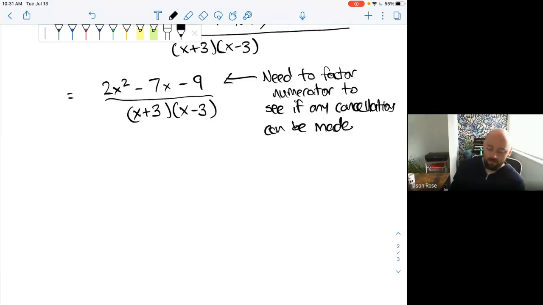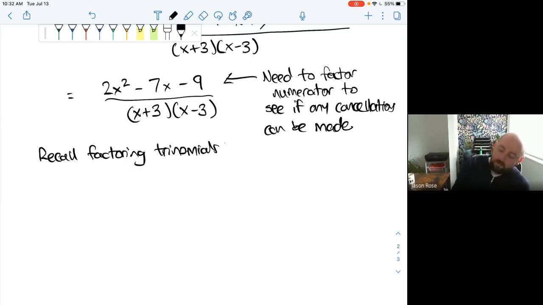Okay, so recall factoring trinomials like this. So we have 2x squared minus 7x minus 9.